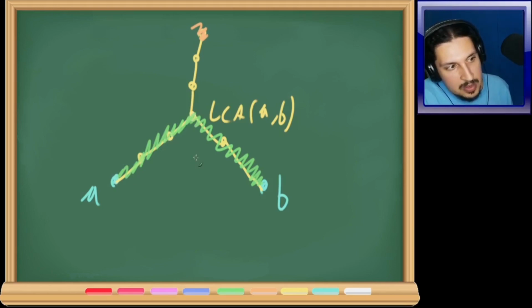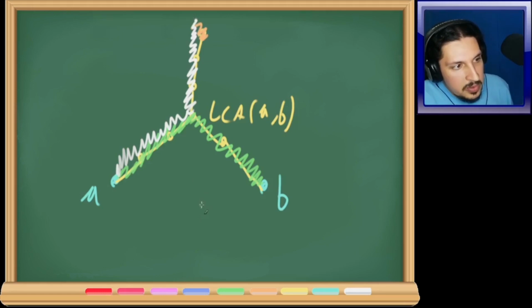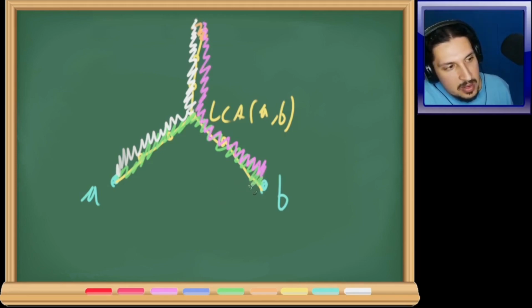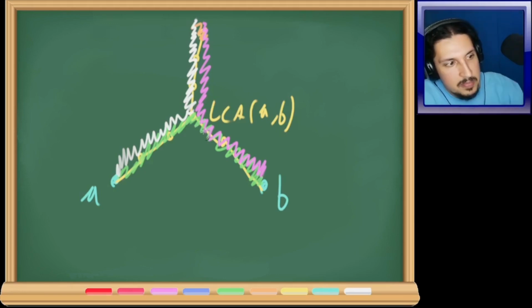Using this drawing, we can characterize and check that if we look at the ancestors of A, which I will paint sort of white here, and we check the ancestors of B, which, okay, let's say we use magenta, we're almost there. Because if we take the union, those nodes that are an ancestor of A or B, that's the nodes in the path in green, except for these ones, which are the ancestors of the LCA.